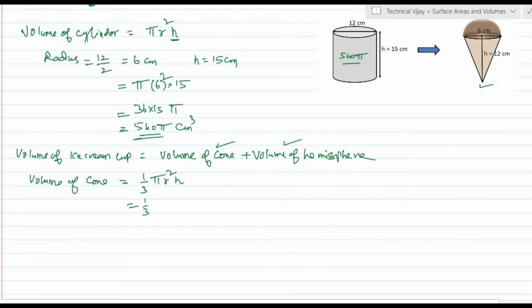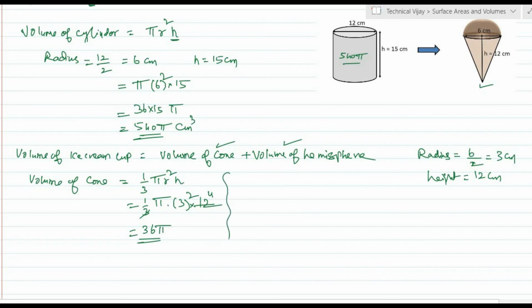The radius of the cone is diameter 6 centimeter divided by 2, so this is 3 centimeter. The height he has given is 12 centimeter. So 1 by 3 pi into 3 square into 12. 3 threes are 9, 9 fours are 36. So this is equal to 36 pi.